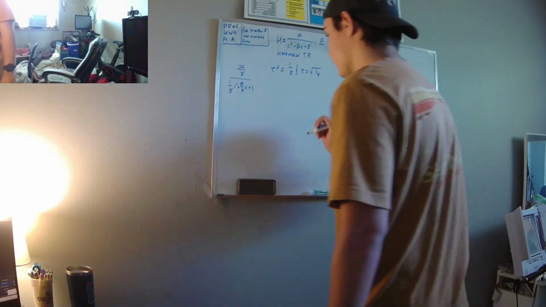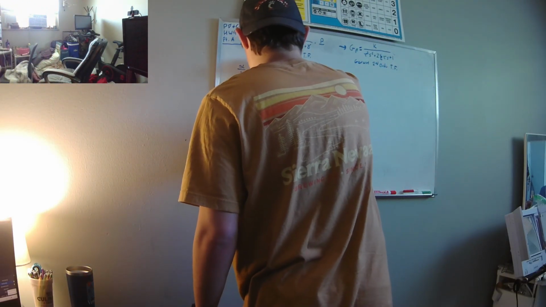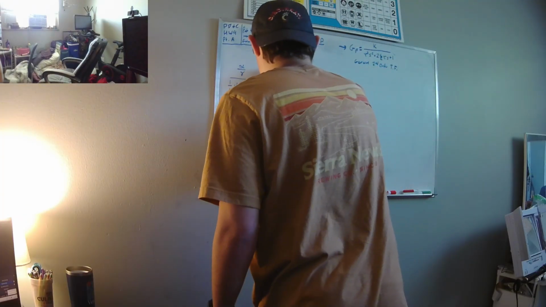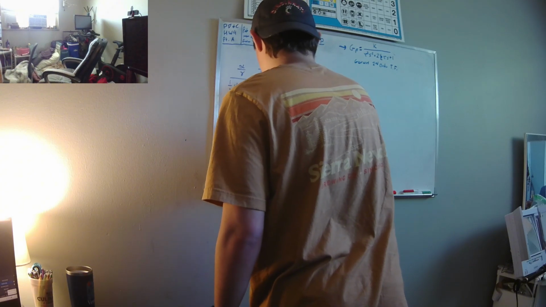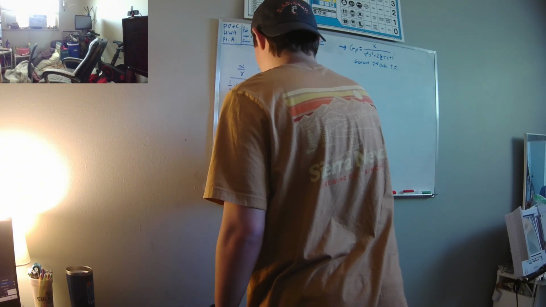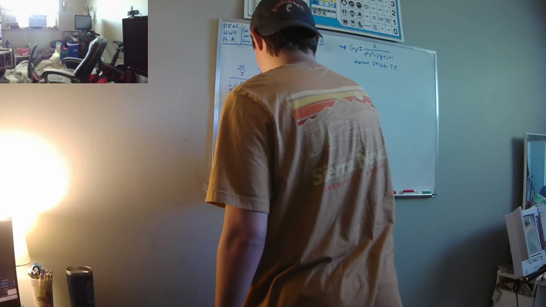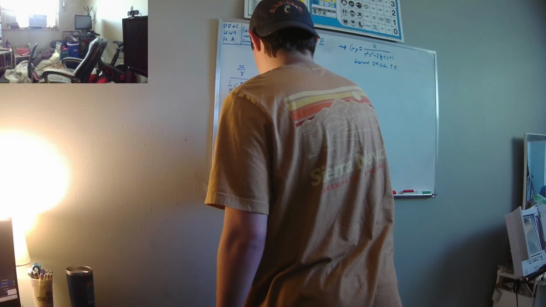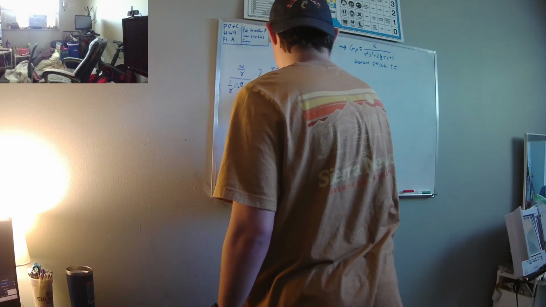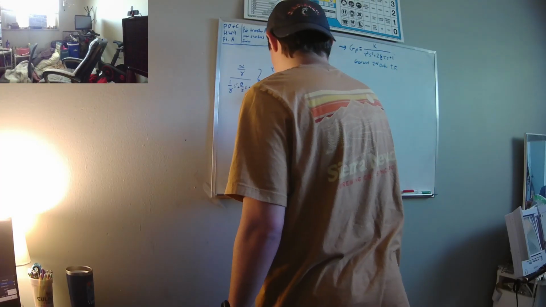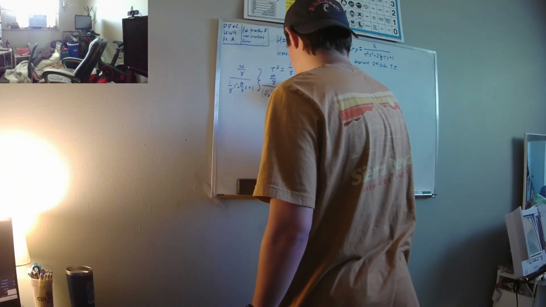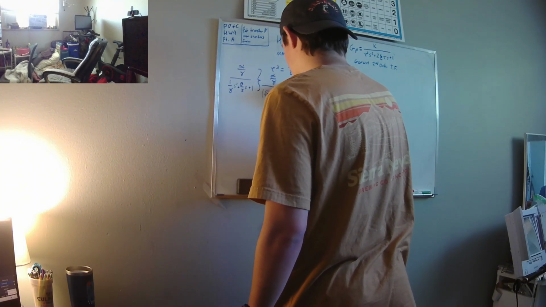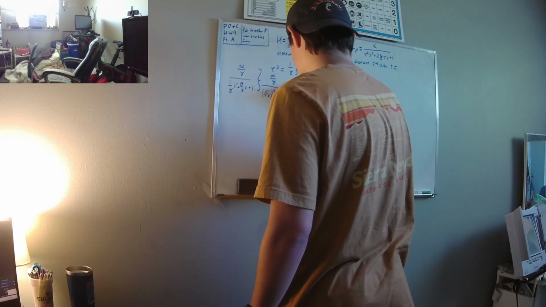If we sub that into our expression, we get that alpha over gamma over the square root of 1 over gamma, squared, times s squared plus beta over gamma times s plus 1.